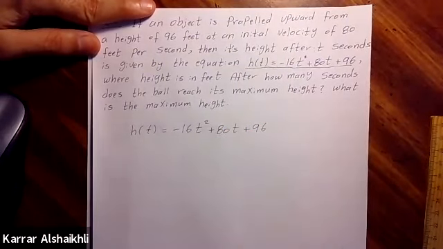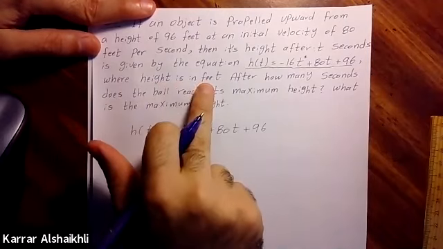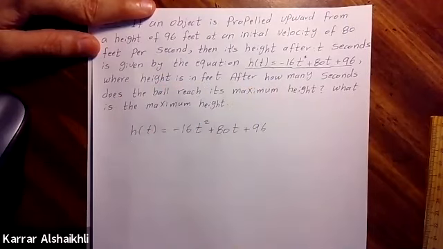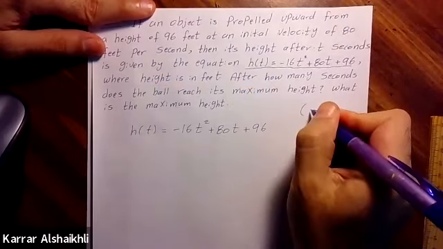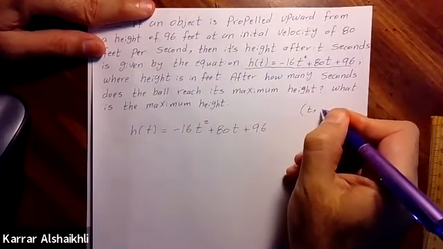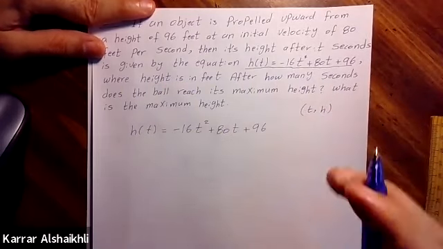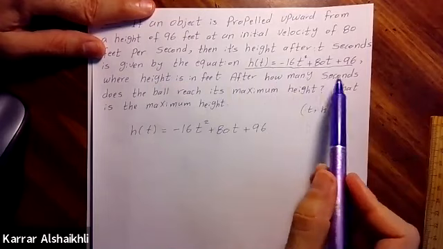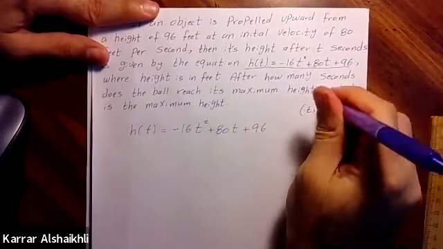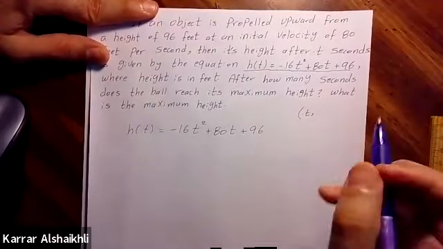So this is the first thing. They ask you now where the height is in feet, after how many seconds. Because now it's with seconds and the height. So they ask you after how many seconds, so you're not going to confuse between these.